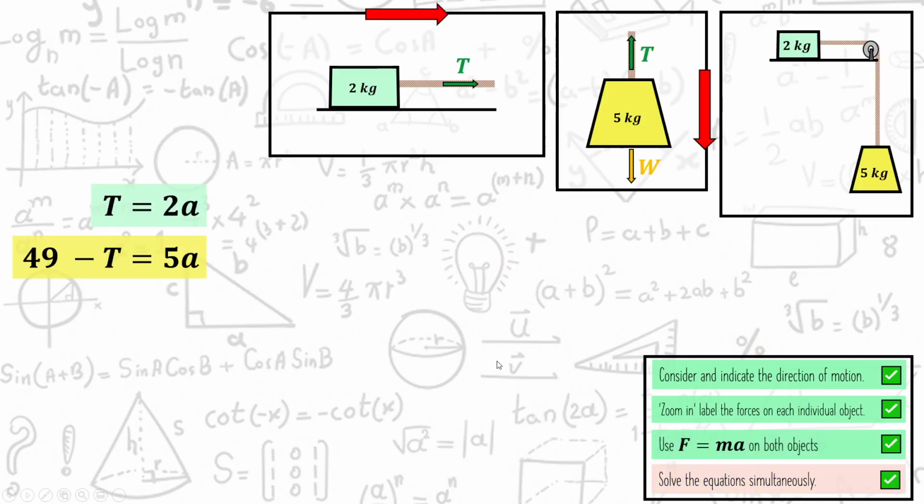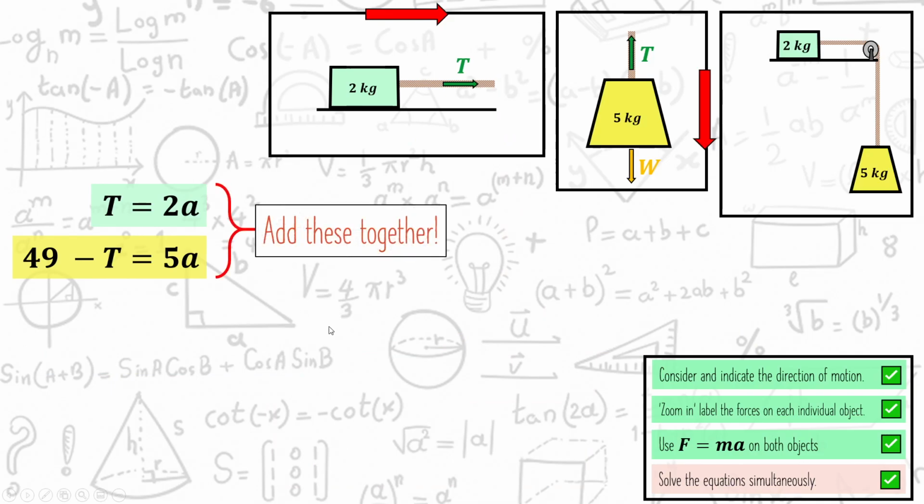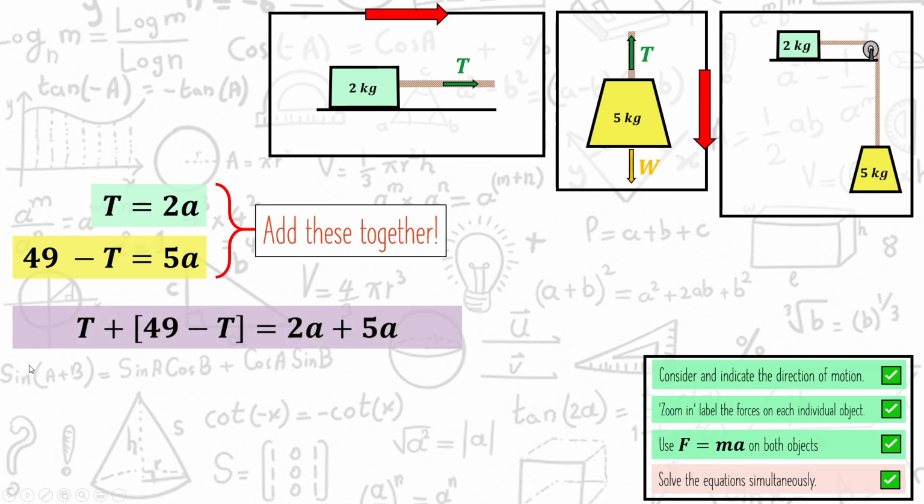So these two equations here, we can solve these simultaneously. Let's try that. The easiest way to solve these simultaneous equations is just to add them together. Notice on the left hand side we've got positive T here and negative T here. So adding these together, we'll have the T's cancel out immediately. We end up with the equation 49 equals 7a, and we can divide that, get the value of a as 7.